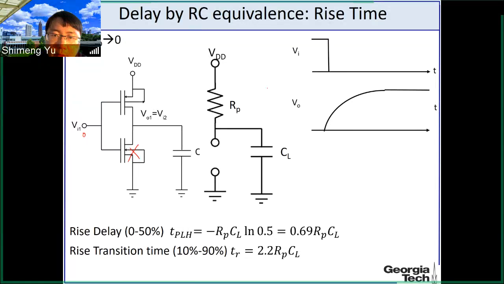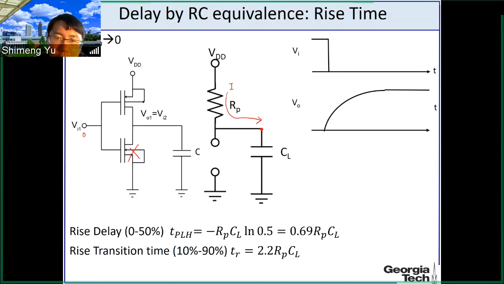So the problem becomes this node voltage, which is the output, this waveform. When the input changes from high to low, then the output starts increasing from low to high, following this waveform. The PMOS is going to charge this cap by the current.